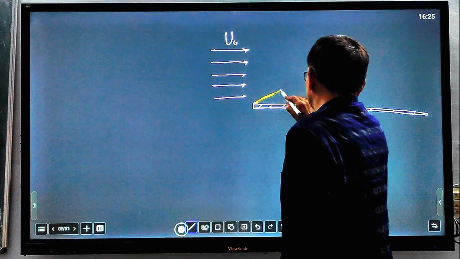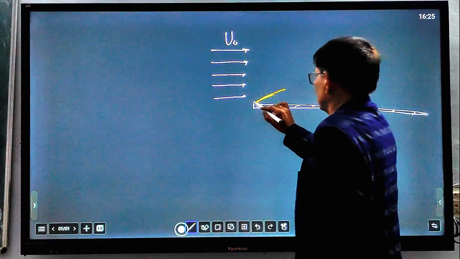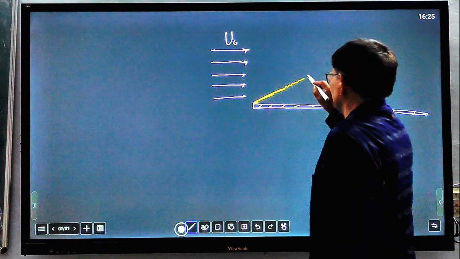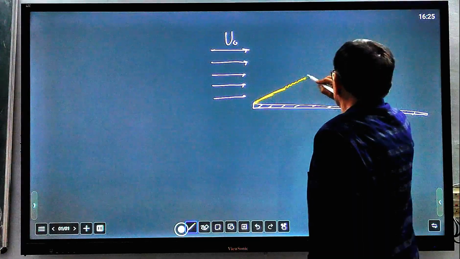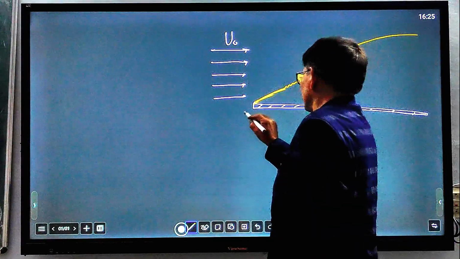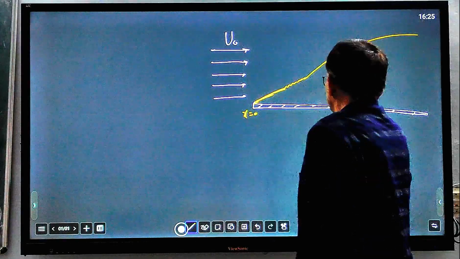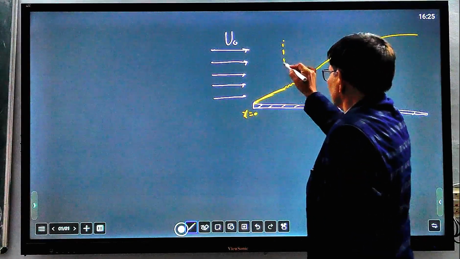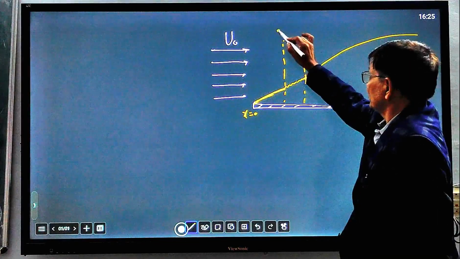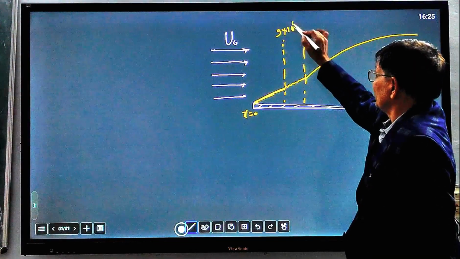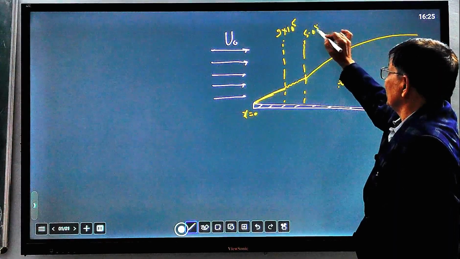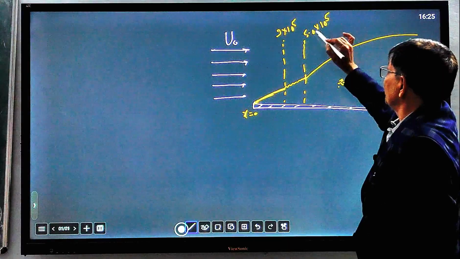The initial boundary layer formation from the leading edge was laminar, and after some distance a turbulence transition is created, and then it becomes turbulent. We started from x equal to 0, and the transition started at around 3 into 10 to the power 5 Reynolds number, and it was completely turbulent at 5 into 10 to the power 5.